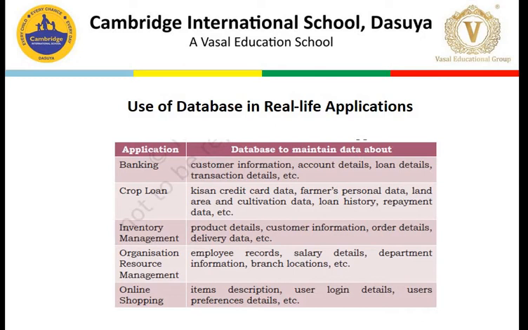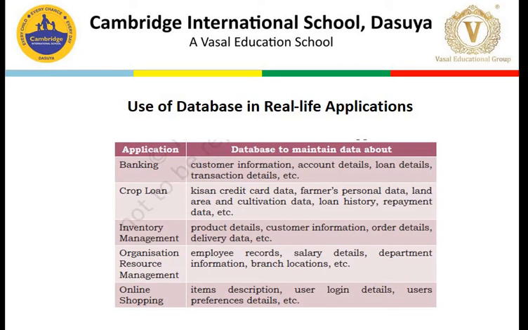Then we have the application in inventory management, which is basically a stock management system. Many organizations work on store management, where we store product details, customer information, order details, delivery data, and so on.